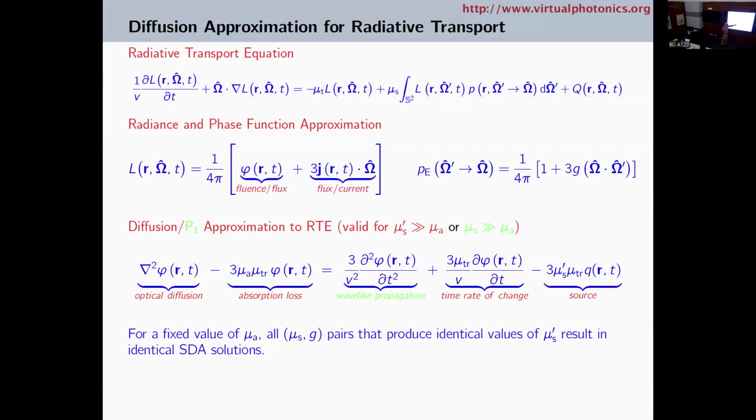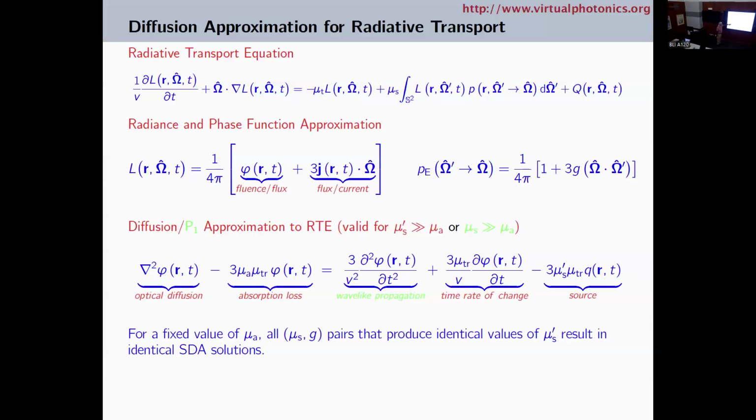Well, if you do that here, you get a speed of propagation of the velocity of light divided by the square root of 3. So the speed of this diffusive wave is actually slower than the speed of light, which really violates, obviously, the speed of light. So you can see that at early times, you're going to have problems. The solution to this equation is not going to quite work.